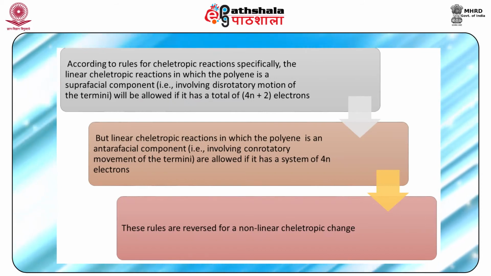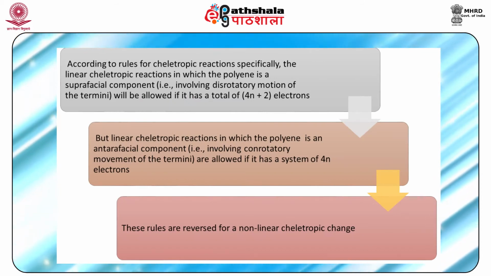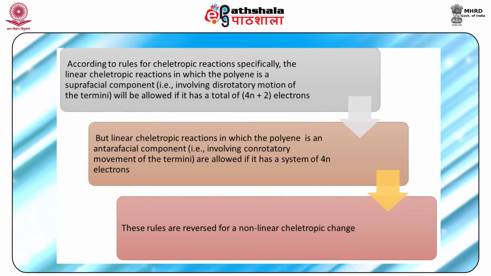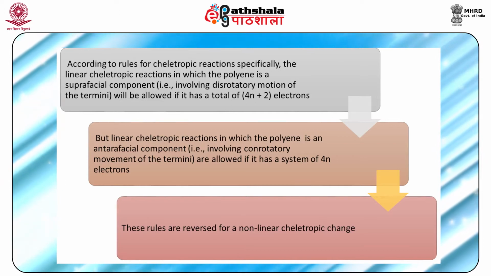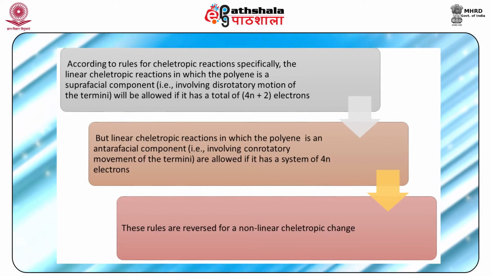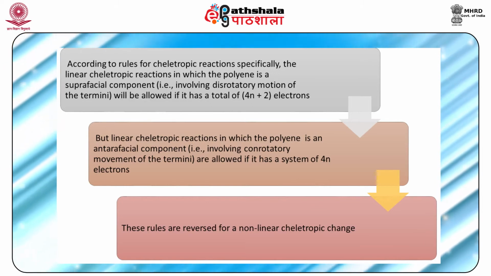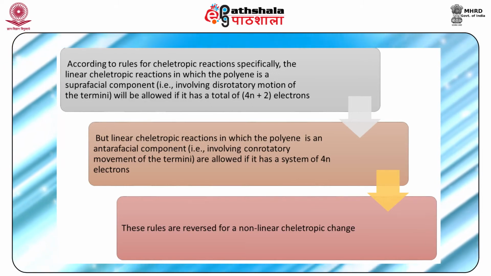According to rules for cheletropic reactions specifically, the linear cheletropic reactions in which the polyene is a suprafacial component, that is involving disrotatory motion of the termini, will be allowed if it has a total of 4n plus 2 electrons.